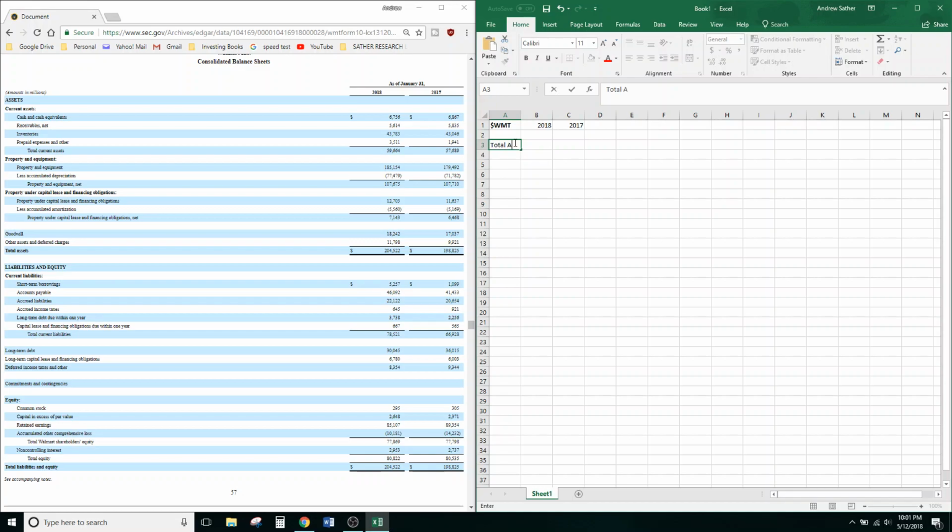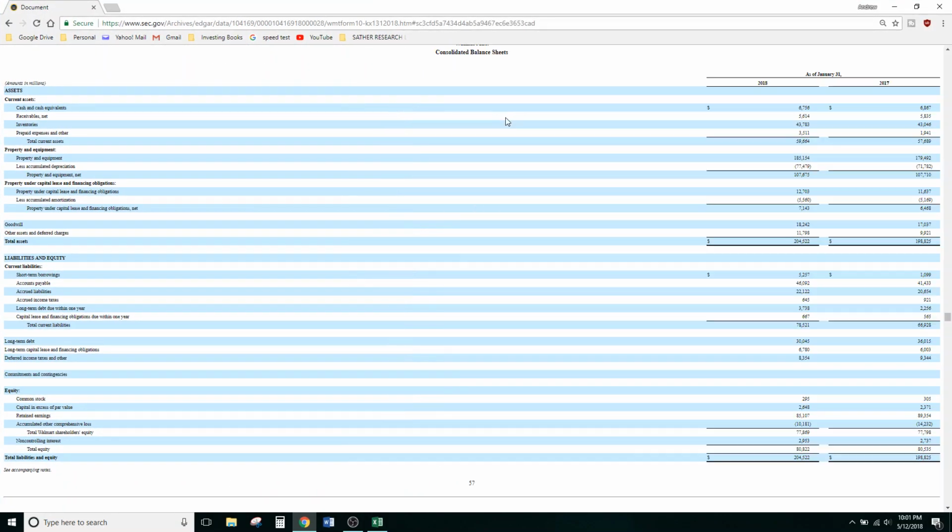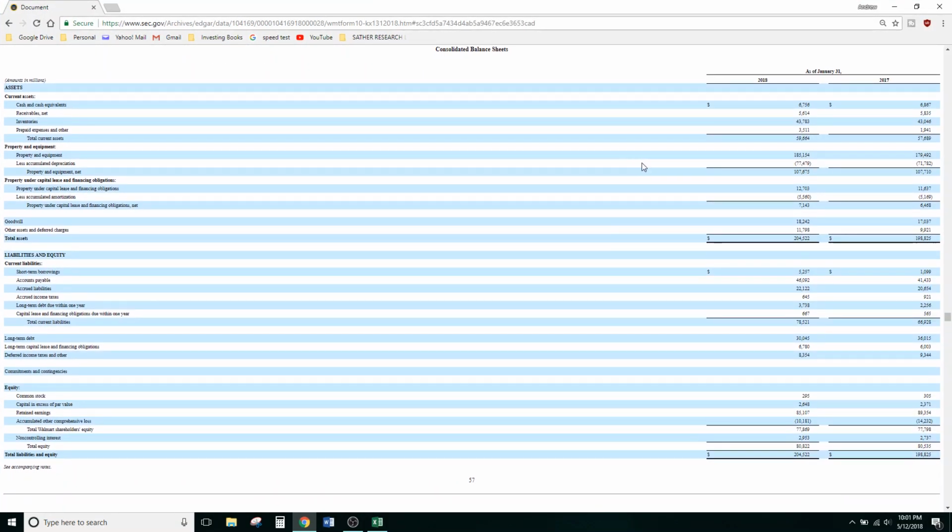But let's look at a few key things. So to me, when we're looking at the balance sheet, these are going to be the things that stand out. So, here's the balance sheet, right?